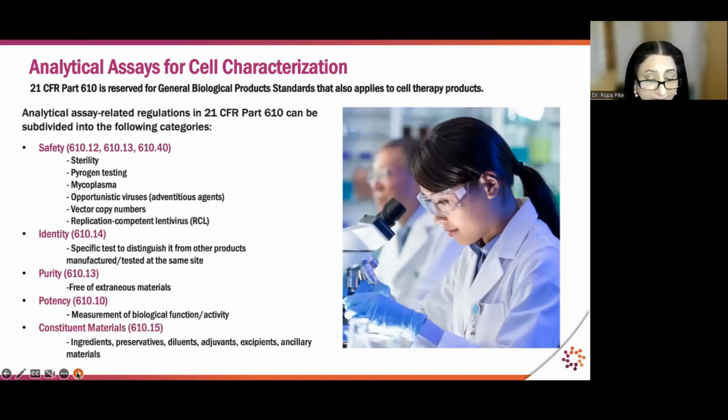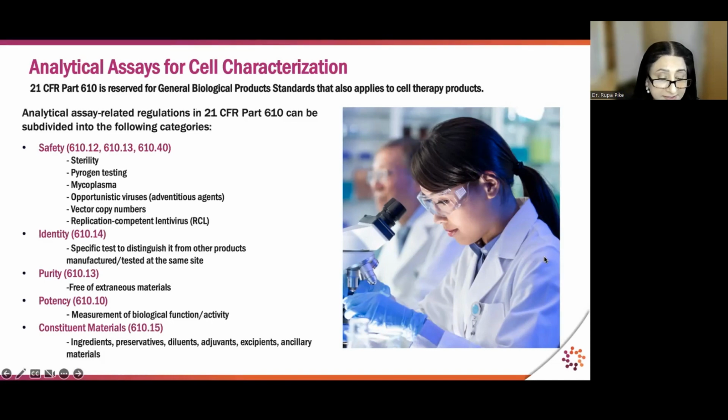So here's the list of analytical assays used for cell characterization. And as you probably know, they all fall under 21 CFR, Code of Federal Regulations, Part 610. And as I have shown on this slide, they can be divided into safety, identity, purity, potency, and constituent materials.